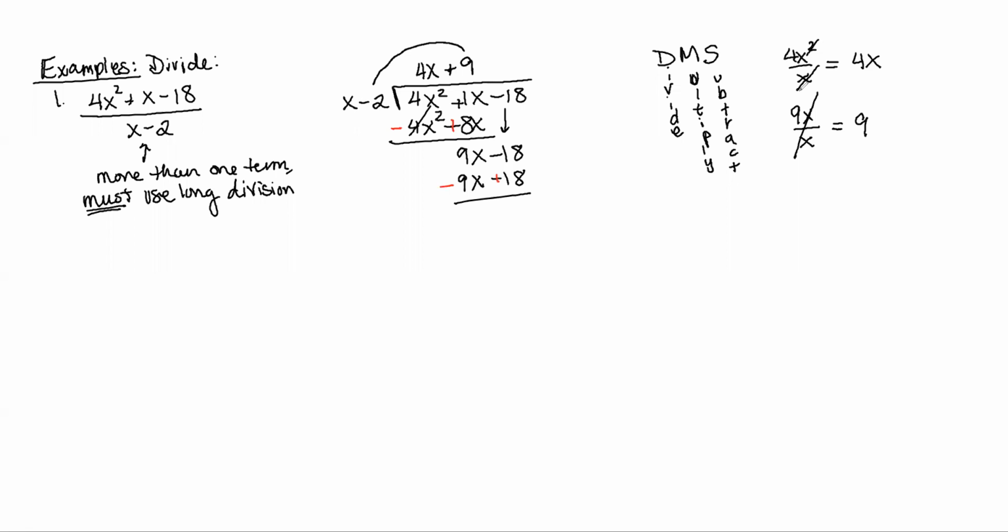And when we do that, these 9x's cancel, and these guys add up to 0. So since we have no other terms to bring down, this means our remainder is 0. And our answer here is what we ended up with up top. So our answer is 4x plus 9.